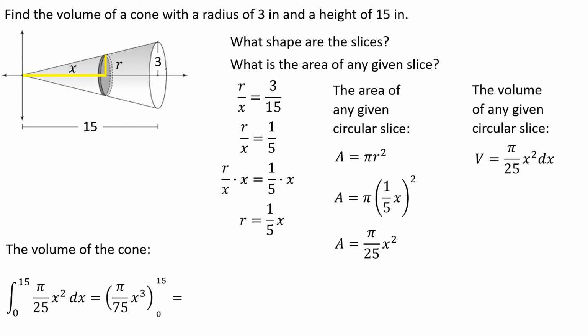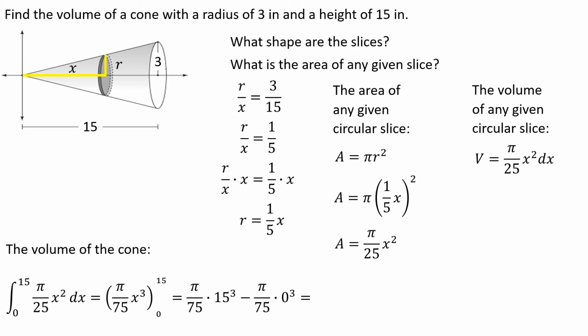Well, when we integrate x squared, it becomes x to the third over 3. Now, of course, there was already a denominator of 25, so 25 times 3 is where that 75 came from. So let's plug in the 15.